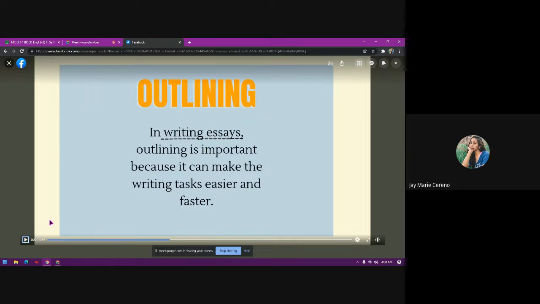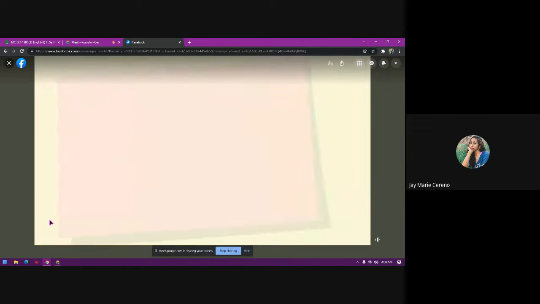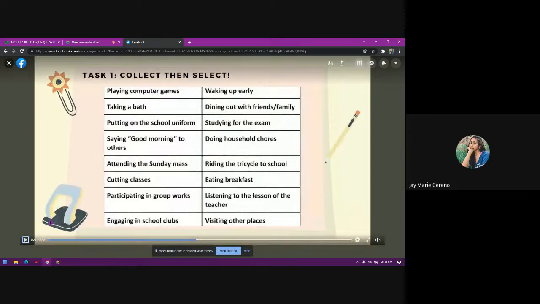So class, have you seen an outline before? Can you identify which things or phrases are connected? If so, I have here your first task in being able to know if you can identify each phrase. Task 1, collect then select.